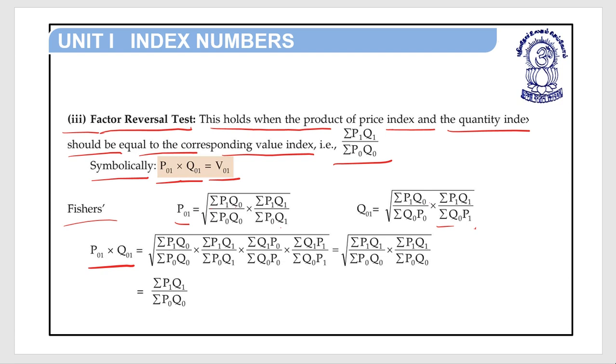So sigma P1 Q0 cancels, sigma Q1 P0 cancels.